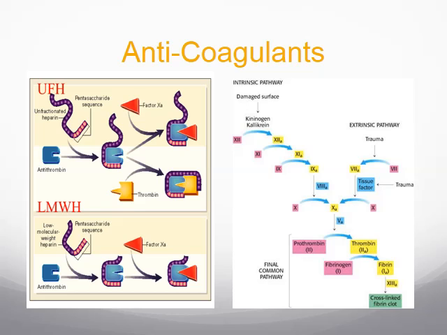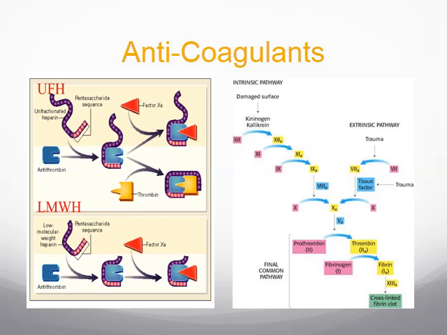On the left side of the screen is an imitation of unfractionated heparin versus low molecular weight heparin. And the unfractionated heparin is a long polysaccharide chain that binds antithrombin and can in turn inactivate factor 10A or factor 2A, which is also thrombin.